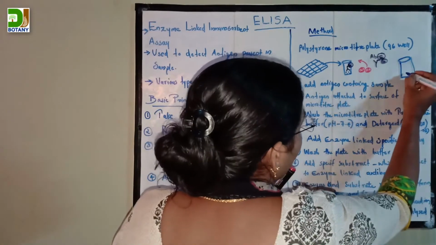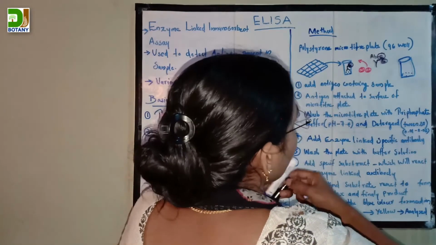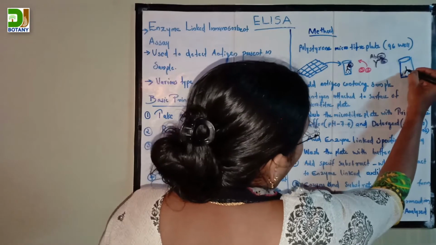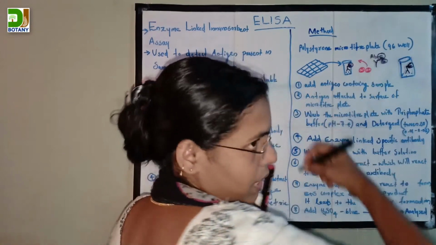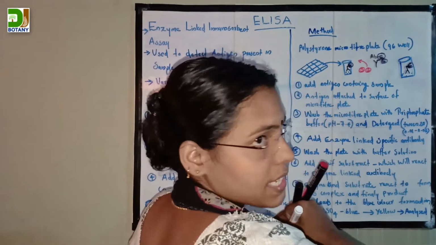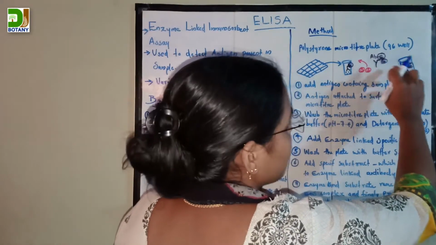It has bound antigens, and these antigens interact with the enzyme-linked antibodies. After the formation of the antigen-antibody reaction, we add a specific substrate.